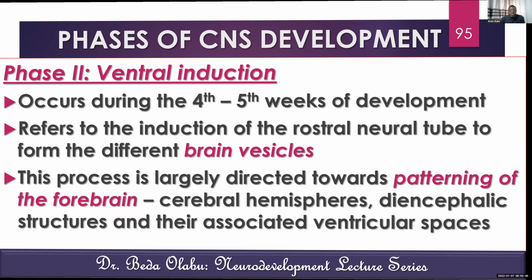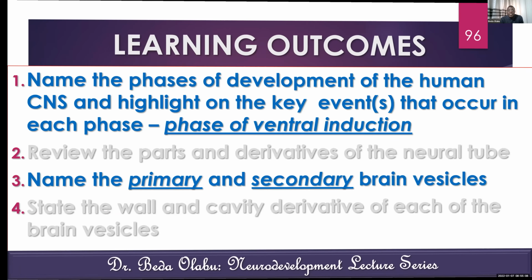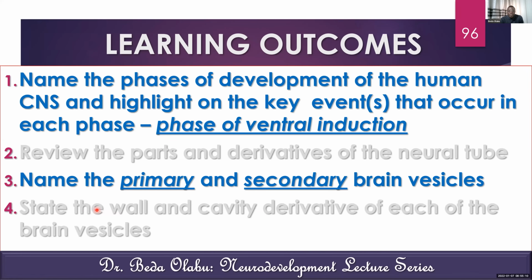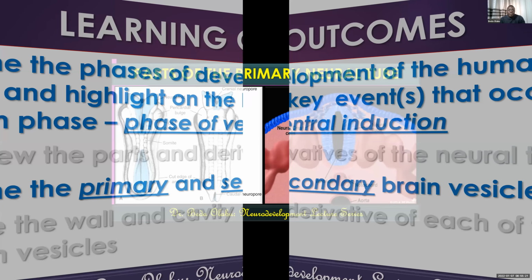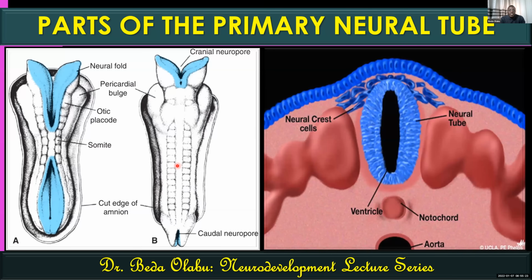Okay, so as we discuss the phase of ventral induction, we should now talk about the primary and secondary brain vesicles. Be reminded by this image first. I've already shown you the first one there. That's a primary neurotube.